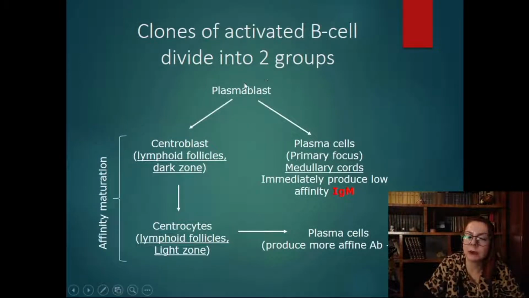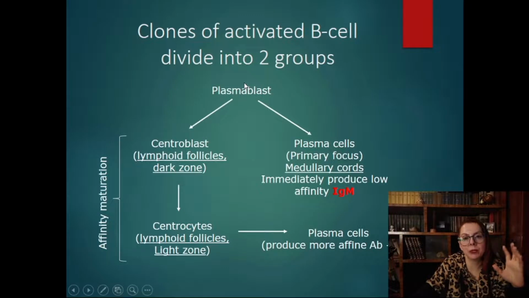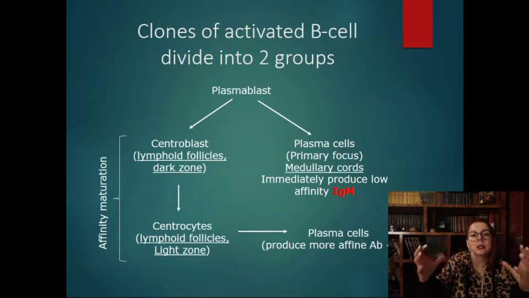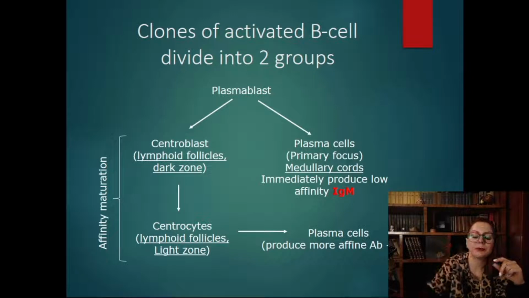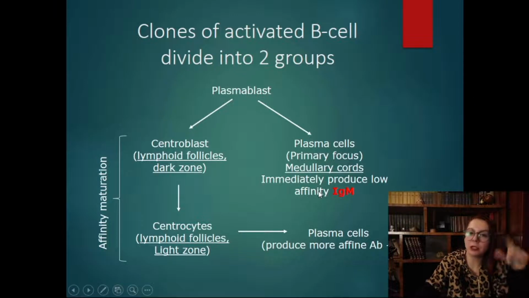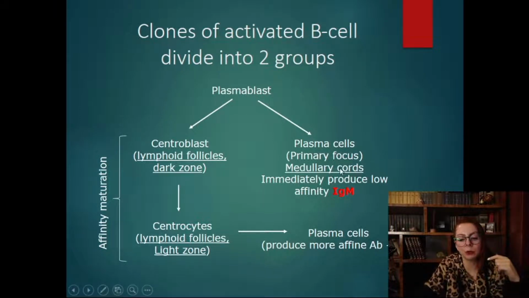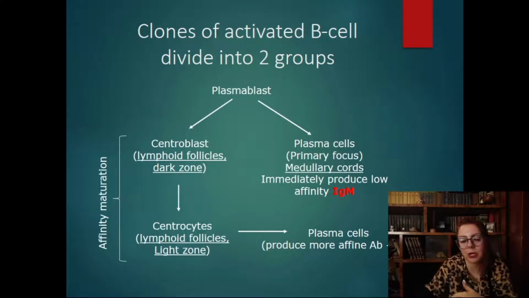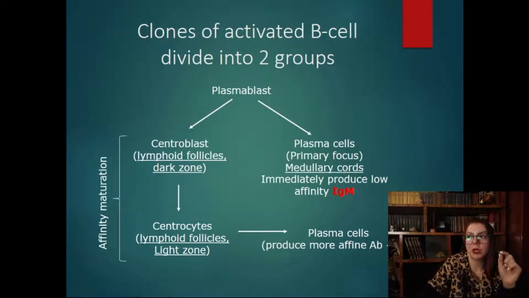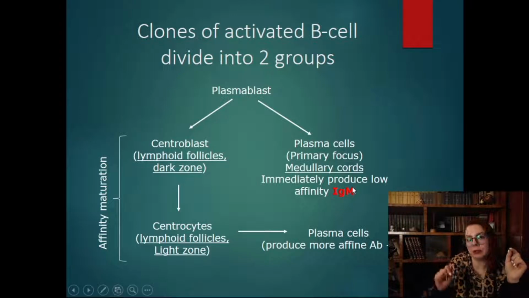Then the activated B cell becomes a plasmablast, and there are two groups of plasmablasts. After they increase in number, there are two ways. The first way: plasma cells, immediately after the activation, go to the medullary cords, to the medulla of the lymph node, and start to produce immunoglobulin M. If you remember, those immunoglobulin M are of low affinity.